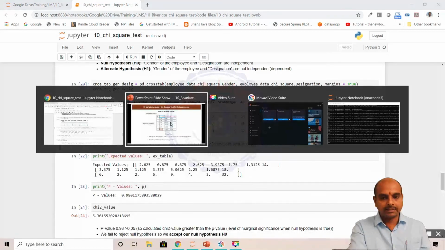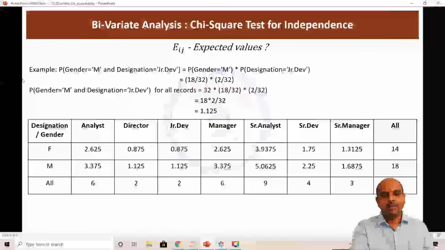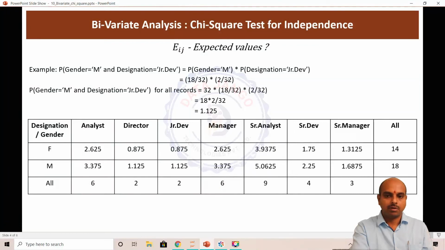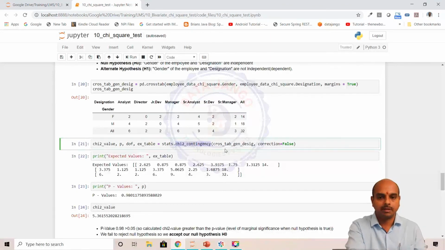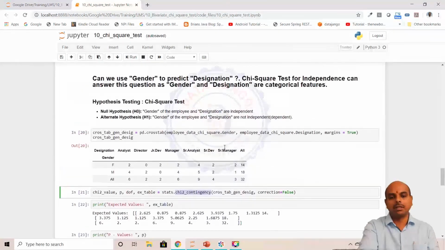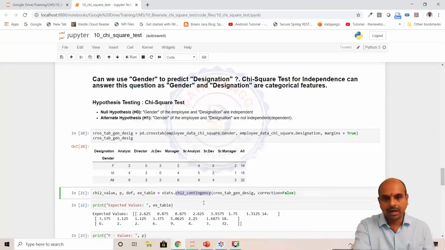We have seen that example here. Using the values inside the observed contingency table, we are calculating the probabilities of the expected contingency table. This whole calculation is done by the chi2 contingency method. So that is how you do a chi-square test using SciPy's chi2 contingency method, and we have also seen how exactly the math is happening.